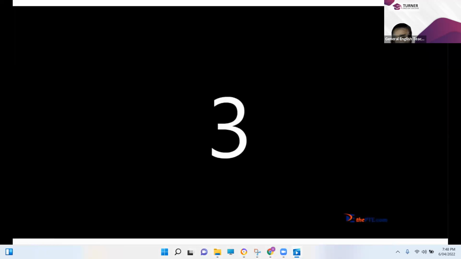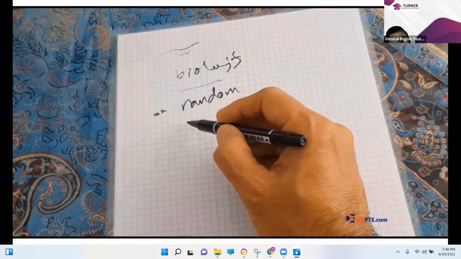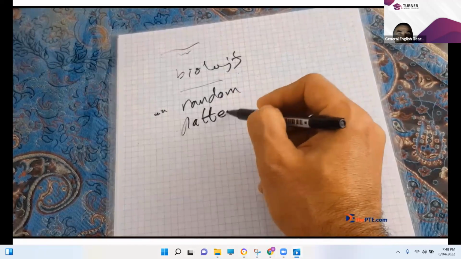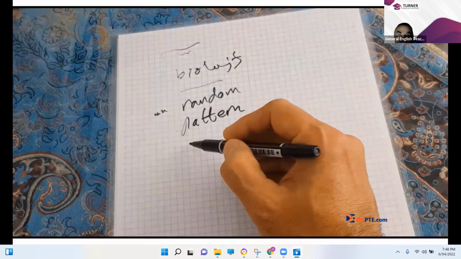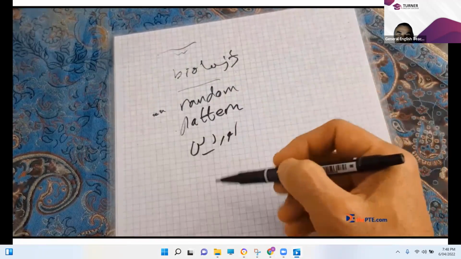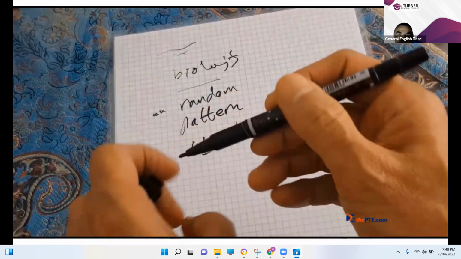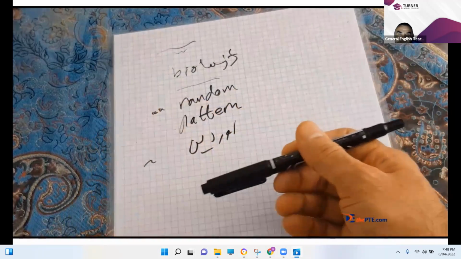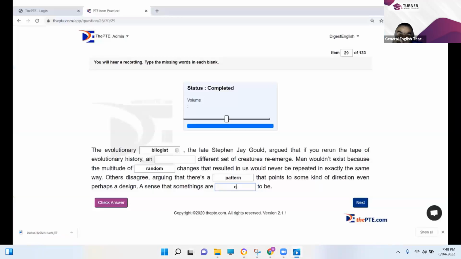Number 3. You may not remember the spelling of some words on the spot. In order not to forget that word, and consequently missing the answer to other gaps, you can write that word in your first language and think about the spelling when you are actually typing them in the gaps.